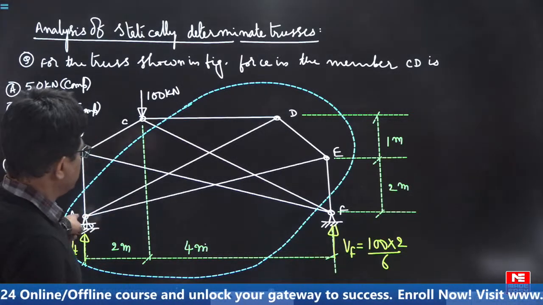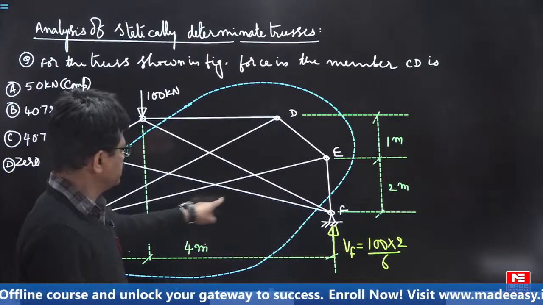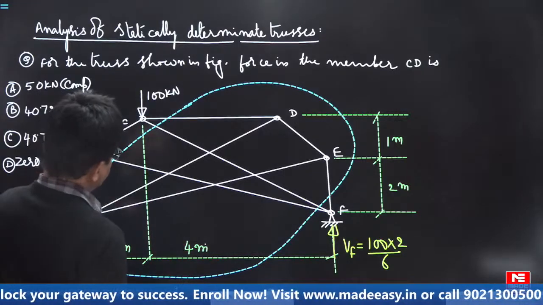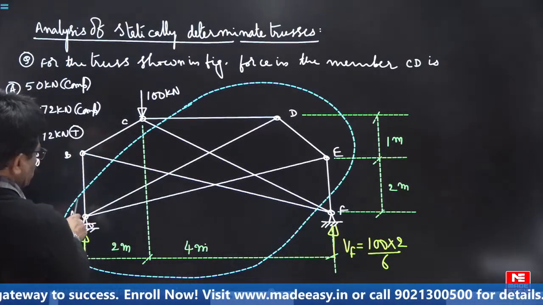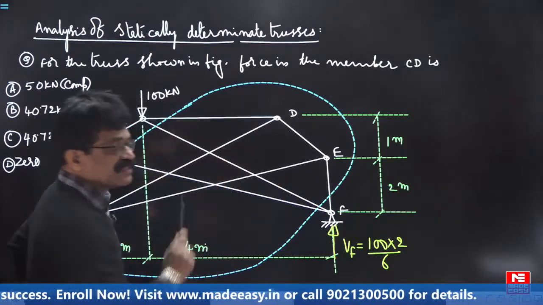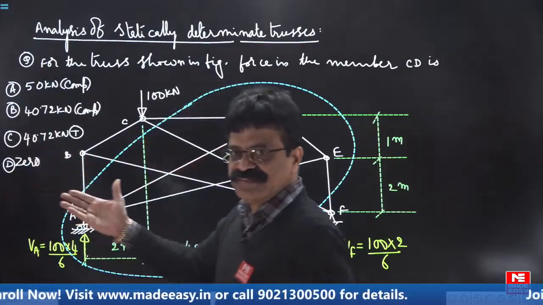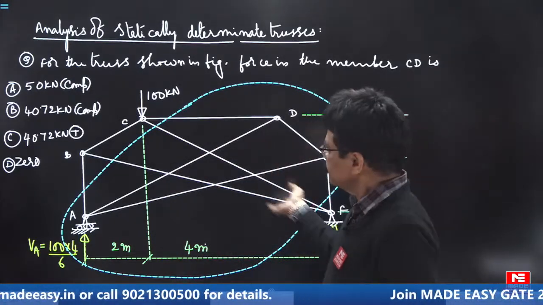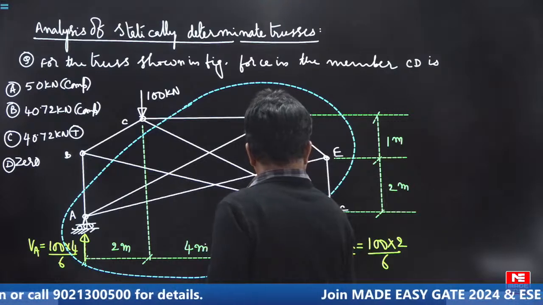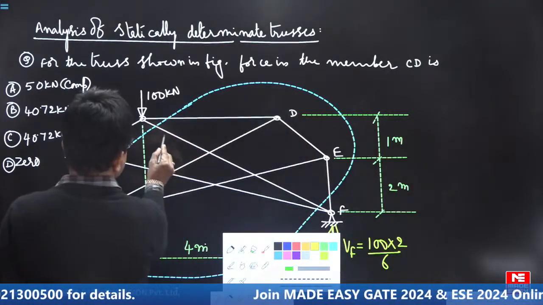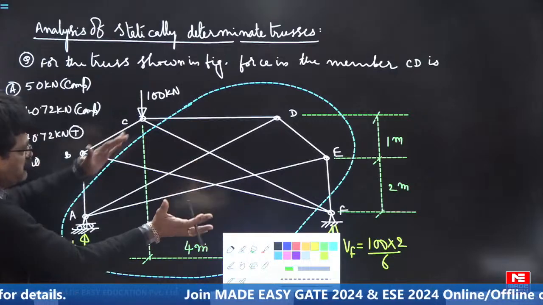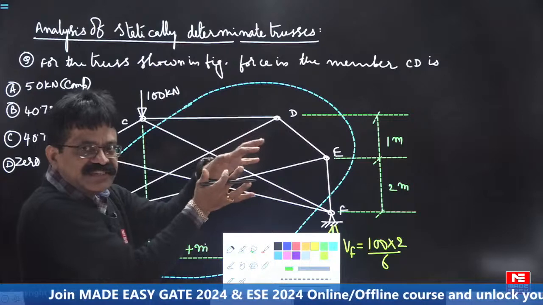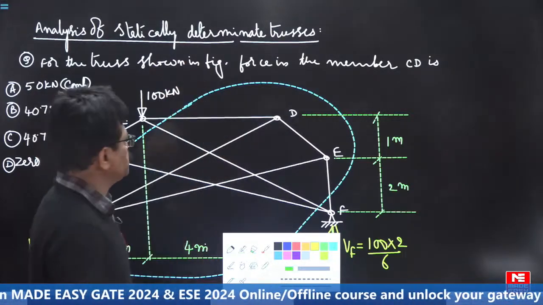Now we have ADE. This is the free body diagram of ADE that we want to take. See, in the process how many members are cut? 1, 2, 3, 4, 5, 6, 7 members are cut. I mean 7 places. Out of that 2 members are cut at 2 places, so they get cancelled. Supposing I am taking the free body diagram of this truss within the dotted line, then within the truss what others are doing you have to show.